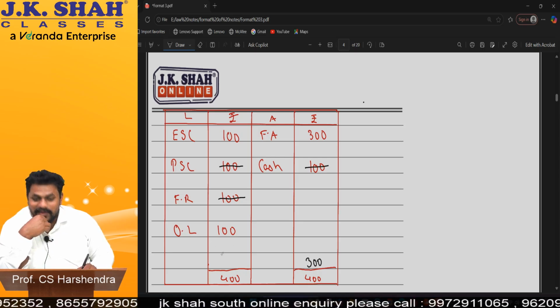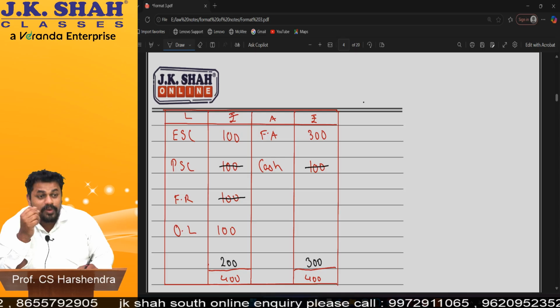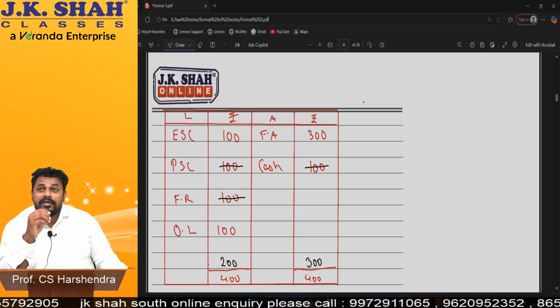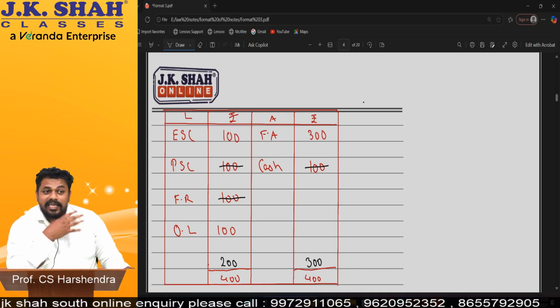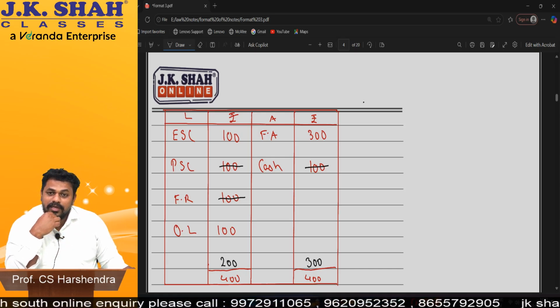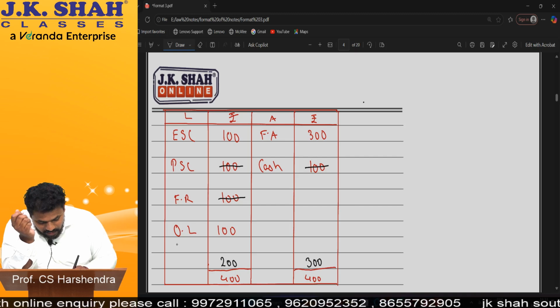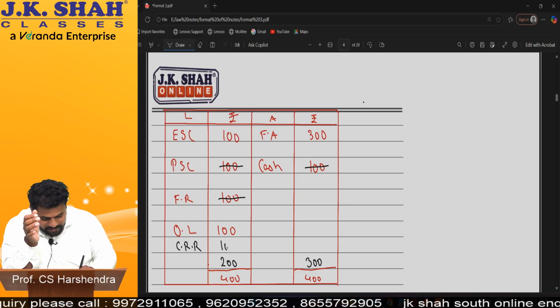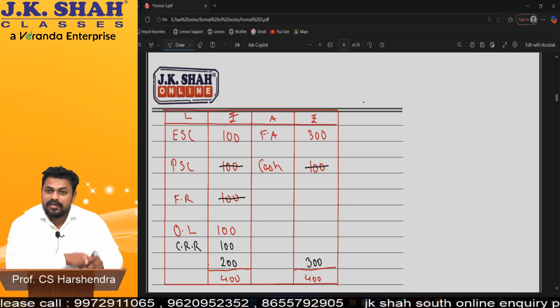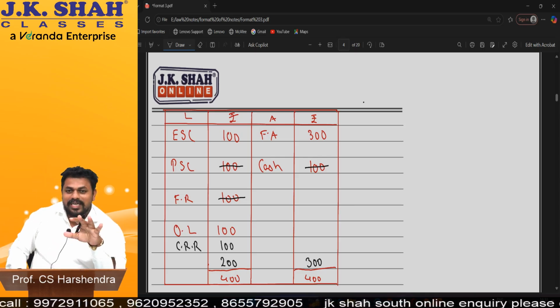Here 200. So college faculties, just for your understanding, they say, hey, now the balance sheet will not tally. So obviously they will create a reserve. For that we will create a reserve, CRR, and the balance sheet will tally. This is logically correct.